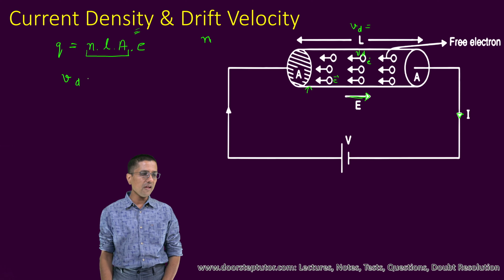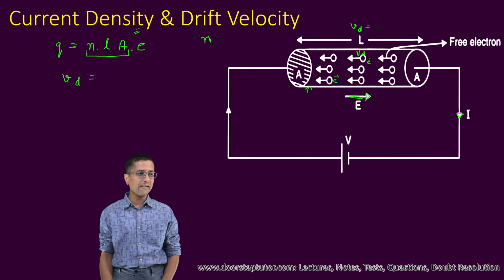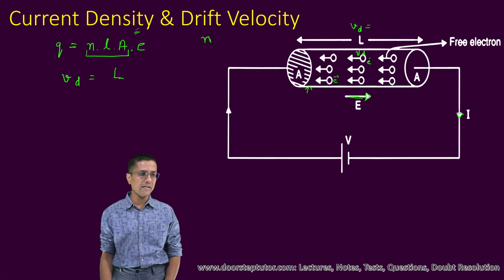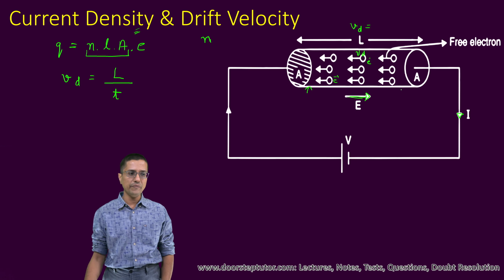Now the drift velocity would be equal to the length of the conductor divided by the total time it took for the carrier to go from this end of the conductor to this end.